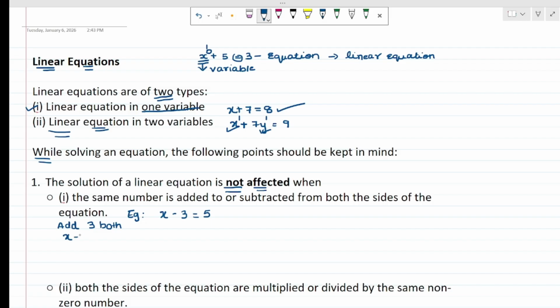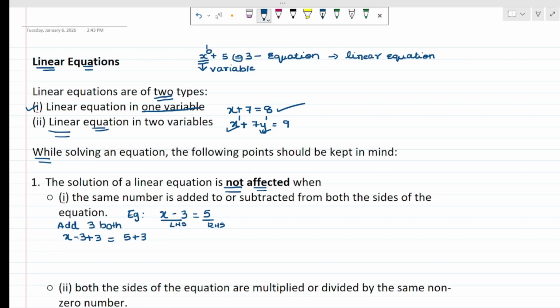That means x minus 3 is there. This one is my LHS, that means left hand side, and this side is my RHS, that means right hand side. So I have added plus 3 on LHS as well as on RHS.